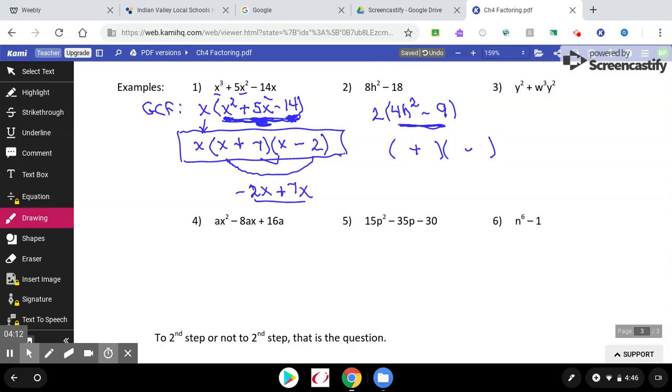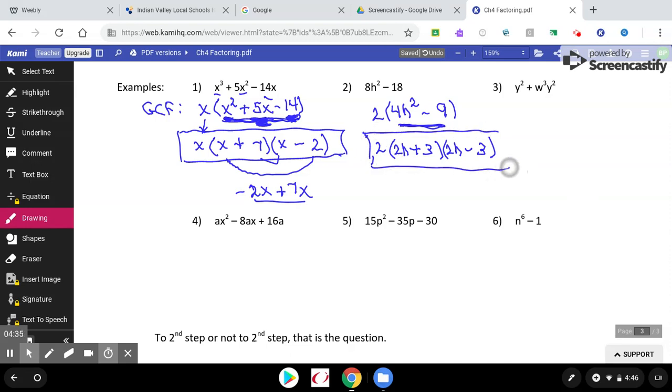Well, what times what would be 4h squared? 2h and 2h. What times what is 9? 3 times 3. And difference of 2 squares was always 1 plus 1 minus, because how else can you get the negative 9? All you have to do is remember to bring the GCF down, and you got it. That guy's done.